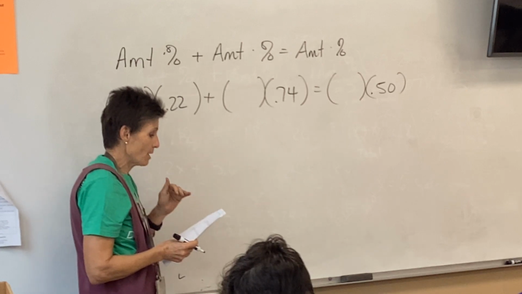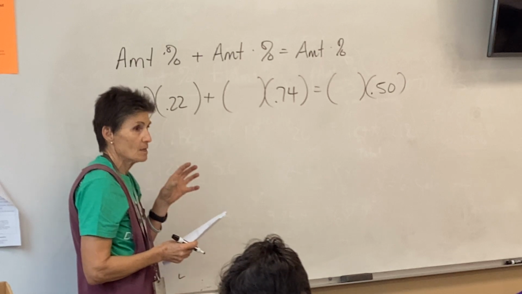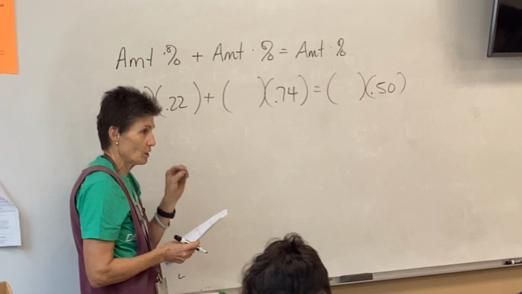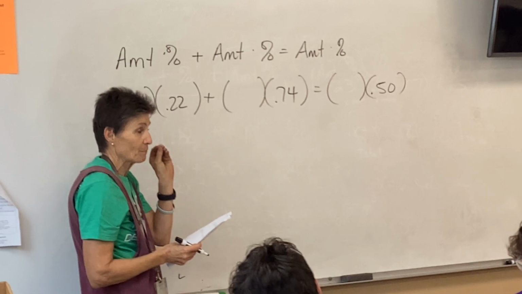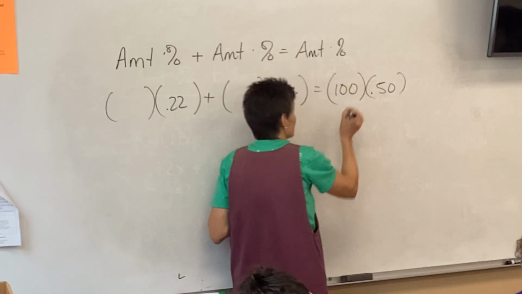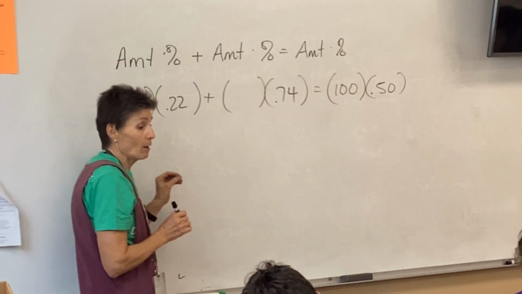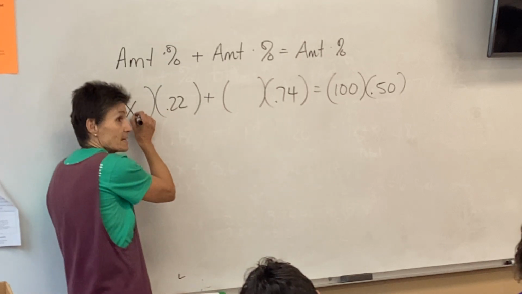Now, there's one other number in the problem, and that's 100 gallons. Where does the 100 go? Make sure you're pairing it up with the right percentage. It's over here. Now, is the question still how much 22%?